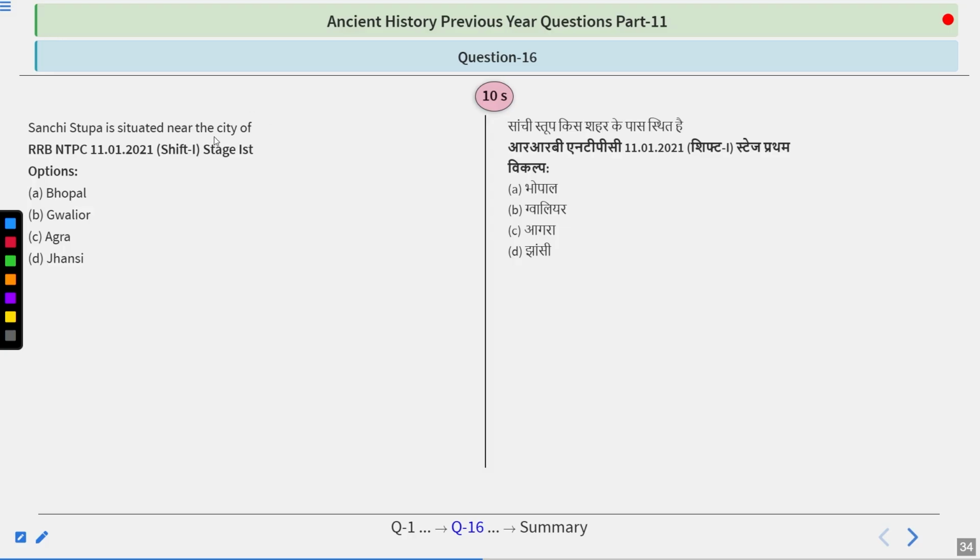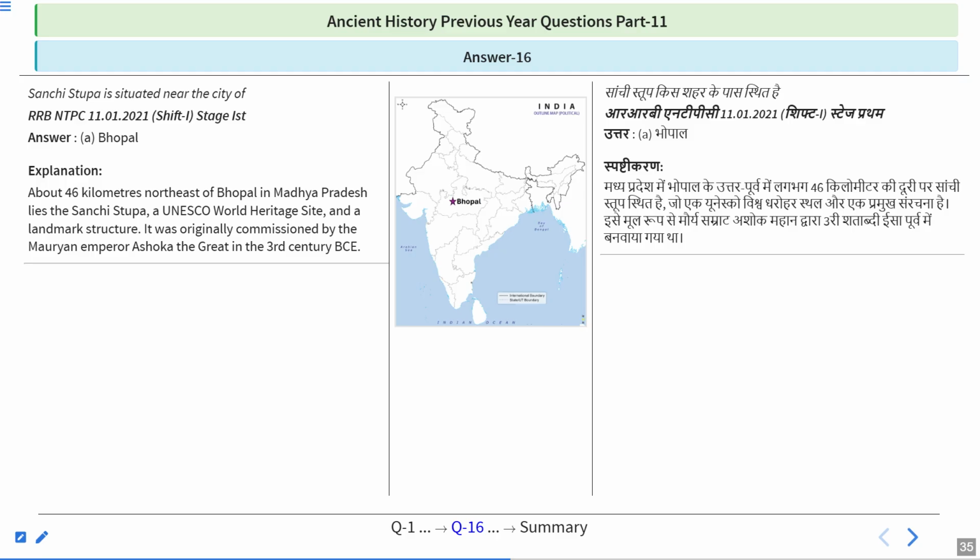Sanchi Stupa is situated near the city of. Options are in front of you. Take your time. And I hope your answer would be right. So the answer is Bhopal.